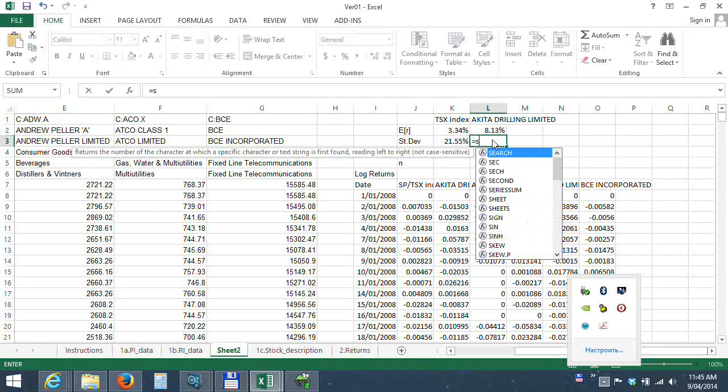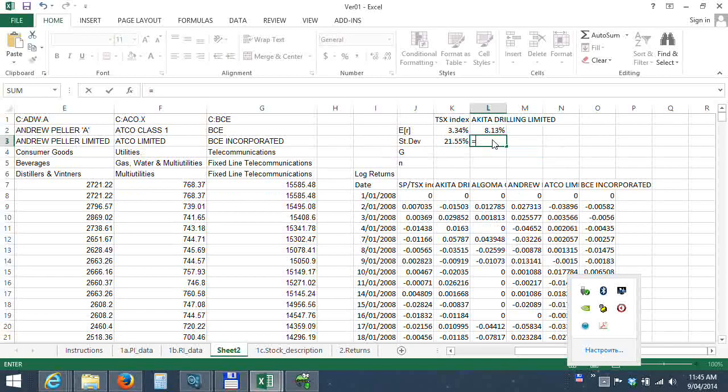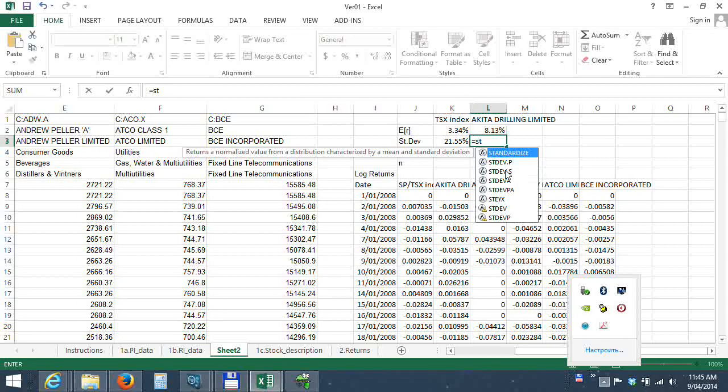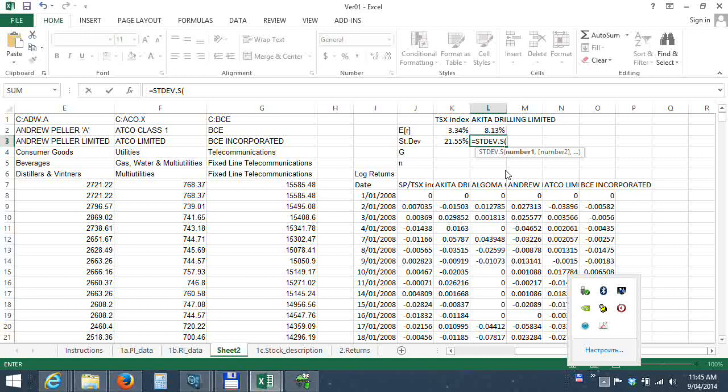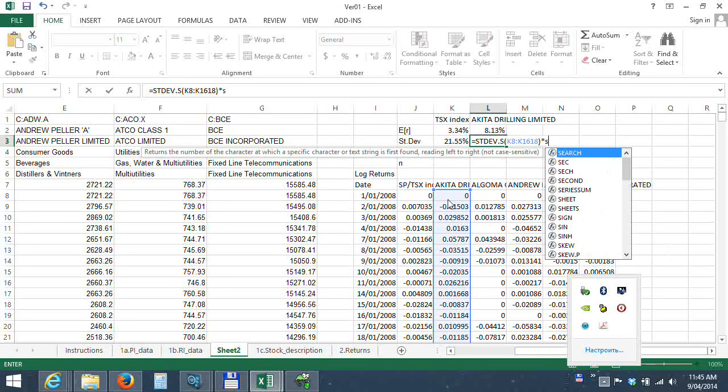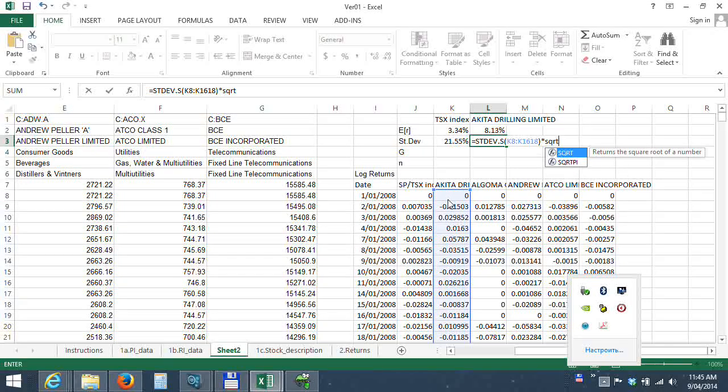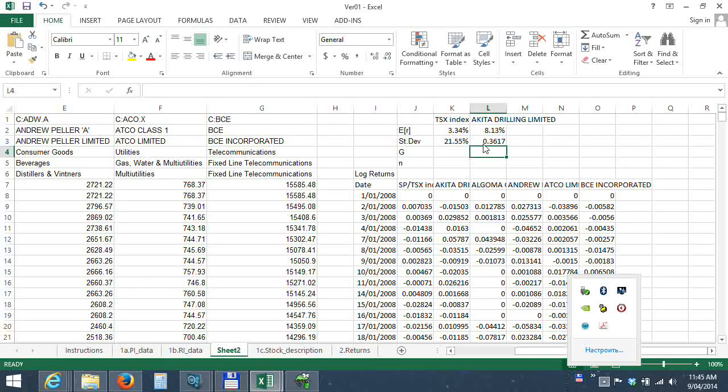I want to see whether the risk of Akita Drilling was higher than that of the market. So the standard deviation numbers for Akita Drilling, I'm going to annualize right away by multiplying by the square root of 250 to get the percentage, and it is 36%.